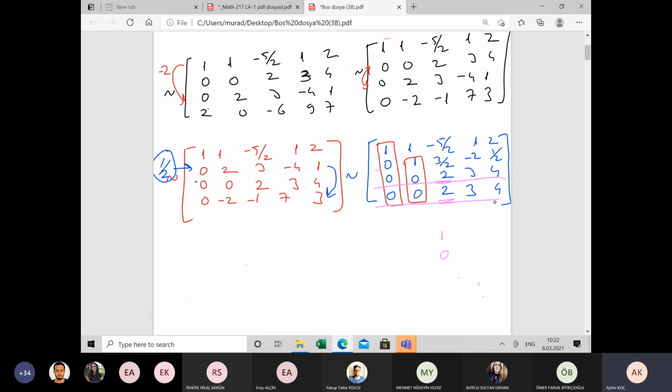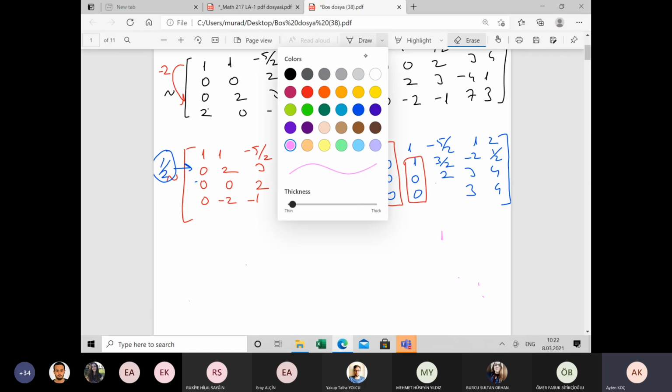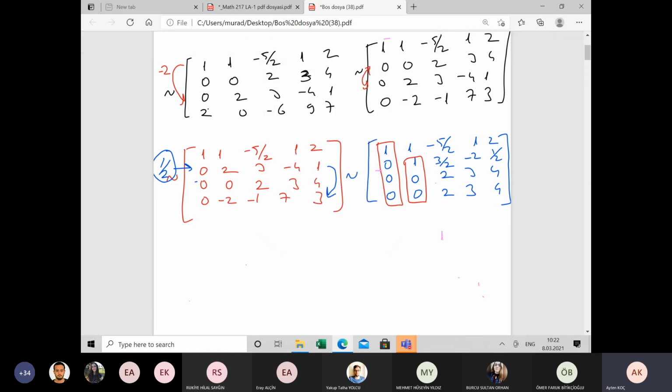It's okay, because what's the reason? Take this row, multiply by -1, so we get the 0 row at the bottom.